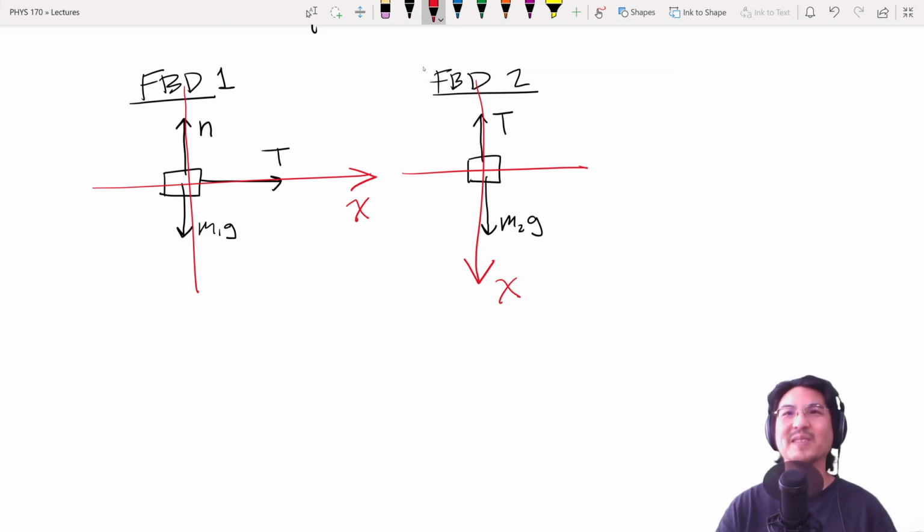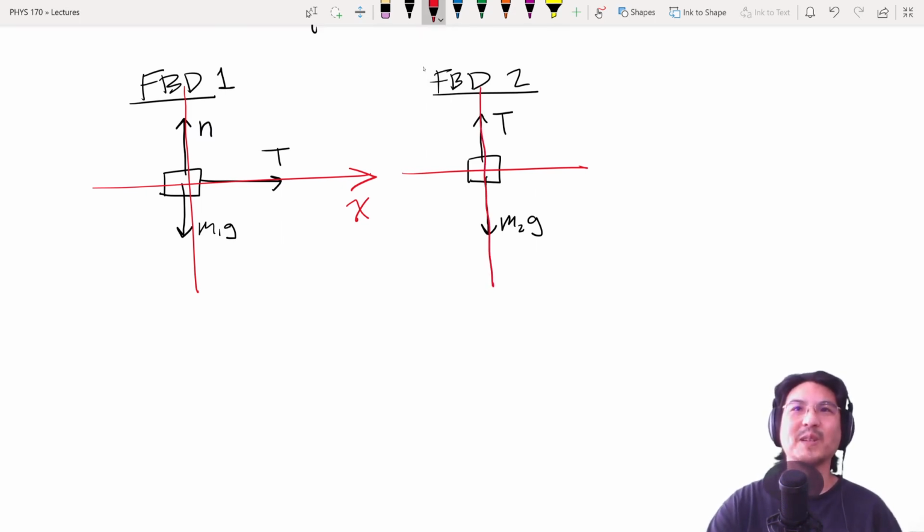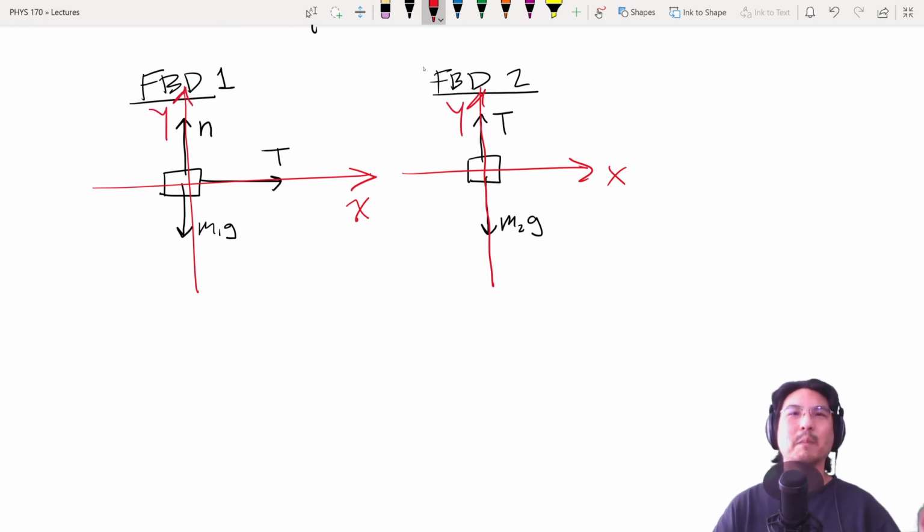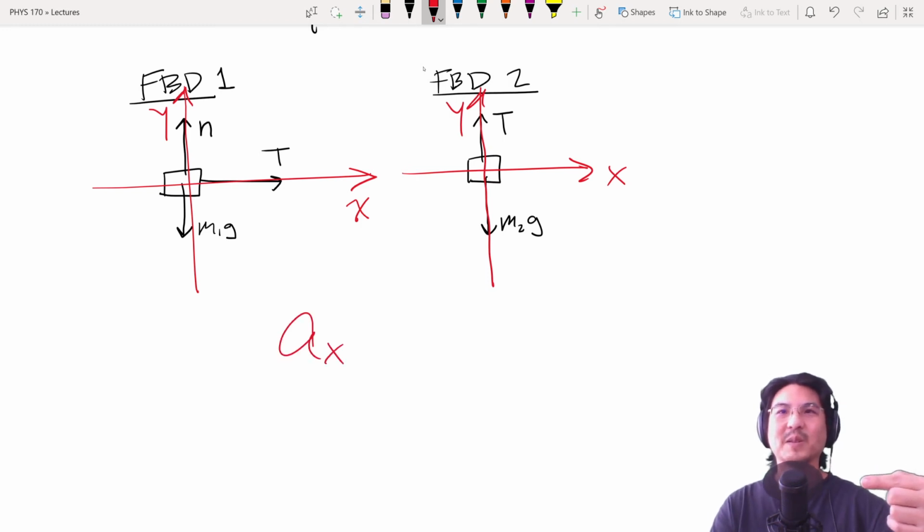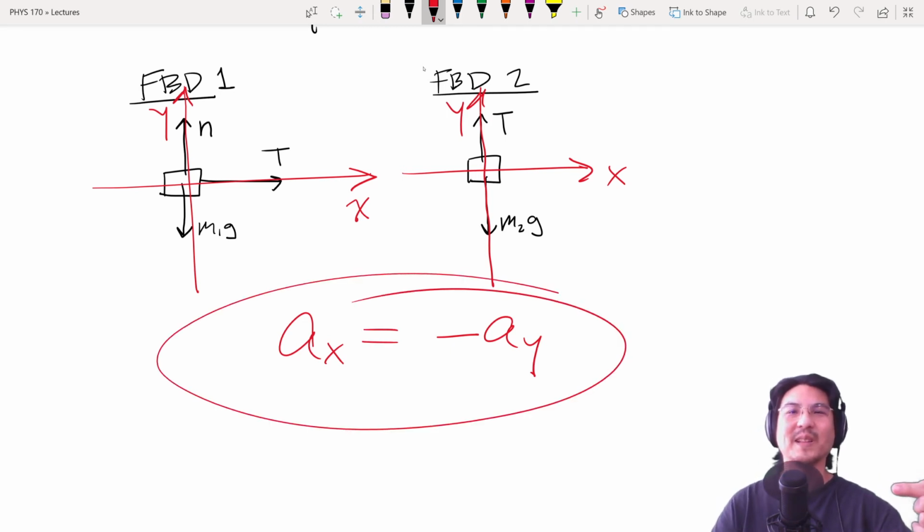You don't have to do this. For example, you could have picked the first one I drew, like this. So then block 1 is going to go in the positive X direction, and block 2 is going to go in the negative Y direction. And these are equal, and that's totally fine.